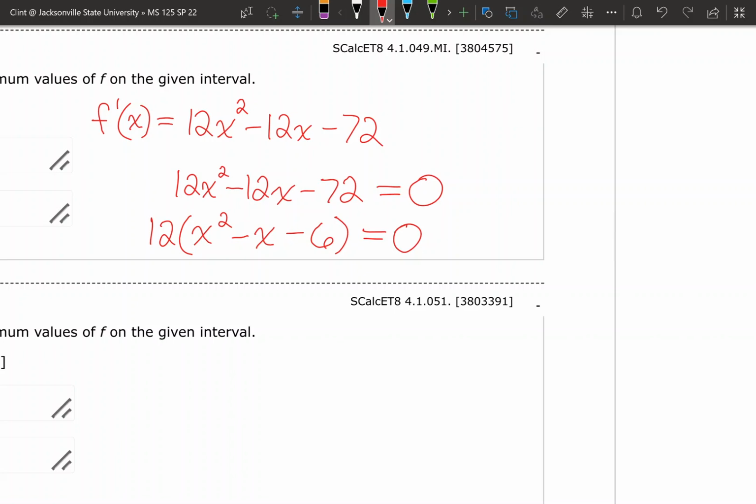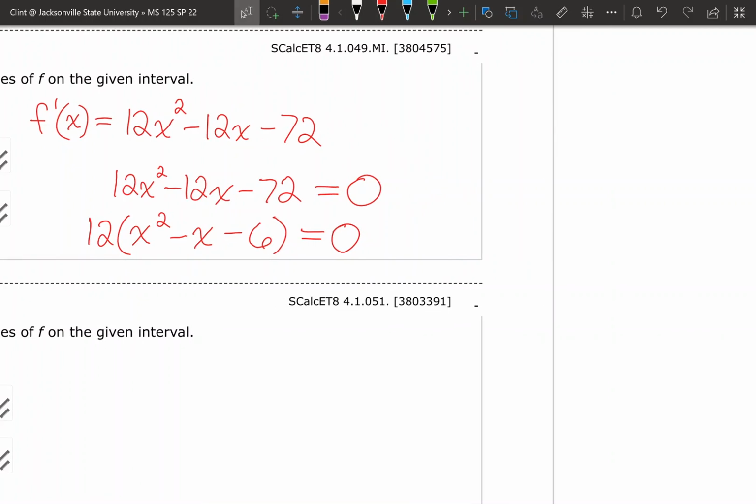Let's divide both sides by 12 and get rid of that constant factor. Then we need to factor the trinomial part, so we need factors of negative 6 that add together to give us negative 1.